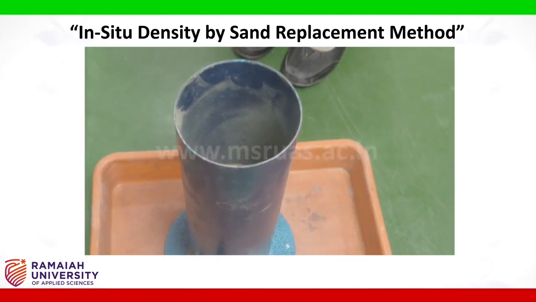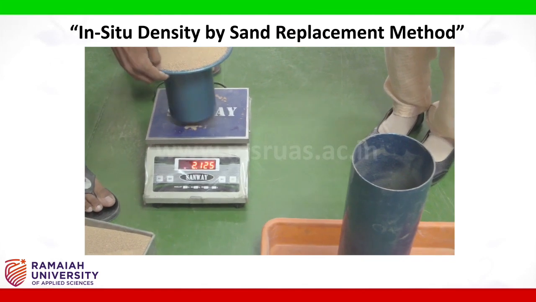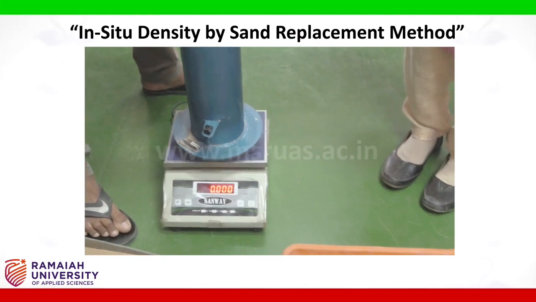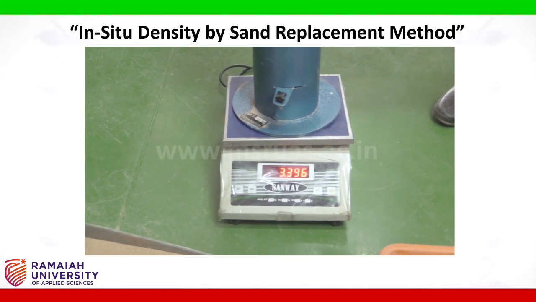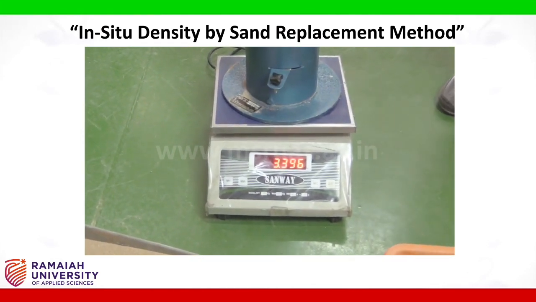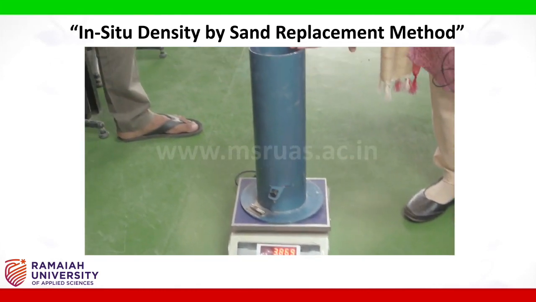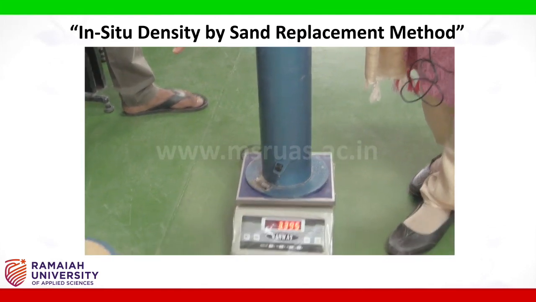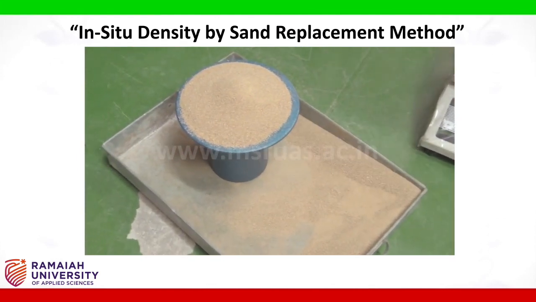Now weigh this sand pouring cylinder in the weighing machine. Now the difference between the previous weight and this weight is going to give you the weight of the sand sample which is required to fill the conical portion of this sand pouring cylinder. Now knowing that weight, you can find out the weight of the soil sample which fills the calibrating container alone.